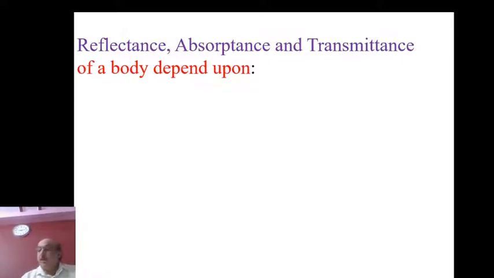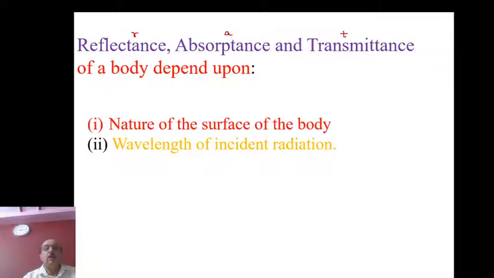The reflectance, that is r, of the object, the absorptance a of the object and the transmittance t of the object depend on the nature of the surface of the body. What type of surface the body is having. And second is the wavelength of incident radiation.